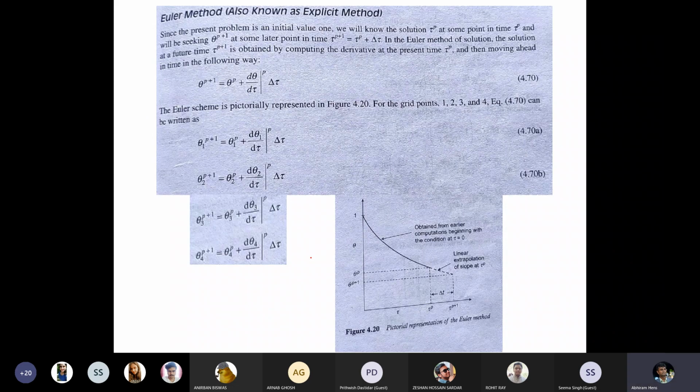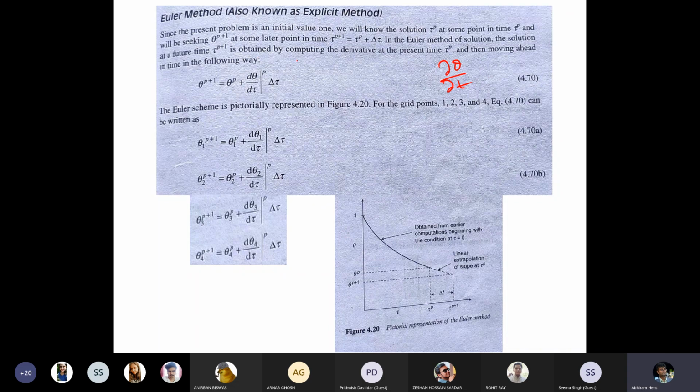I am just showing you some snapshots of a book. I will give you the reference of this book. Due to shortage of time I could not convert them to proper PowerPoint slides, but I hope you can understand. So let us very closely see that I now have a term, d theta by d t, which I need to discretize with the help of finite difference.